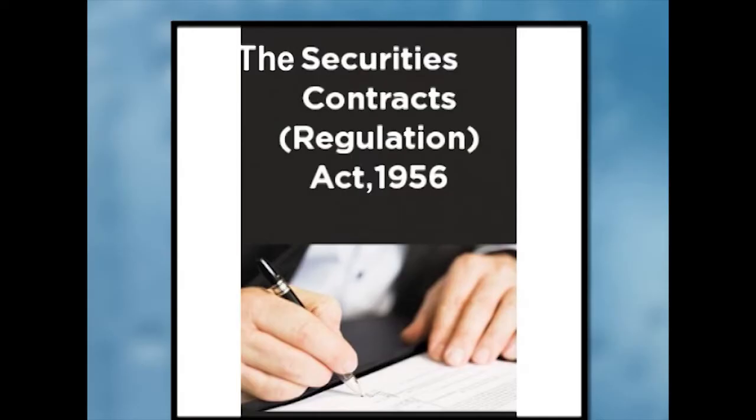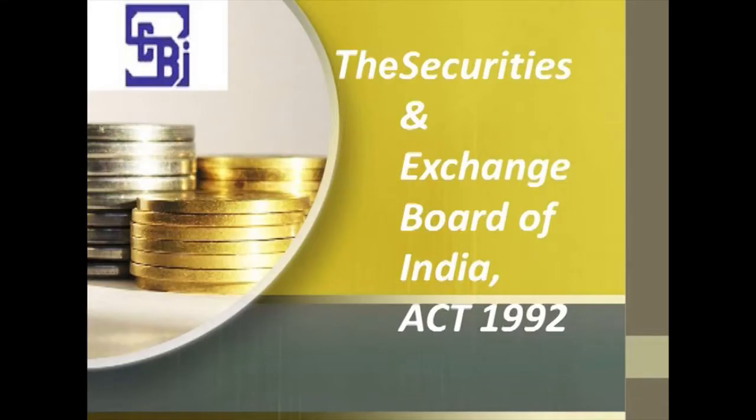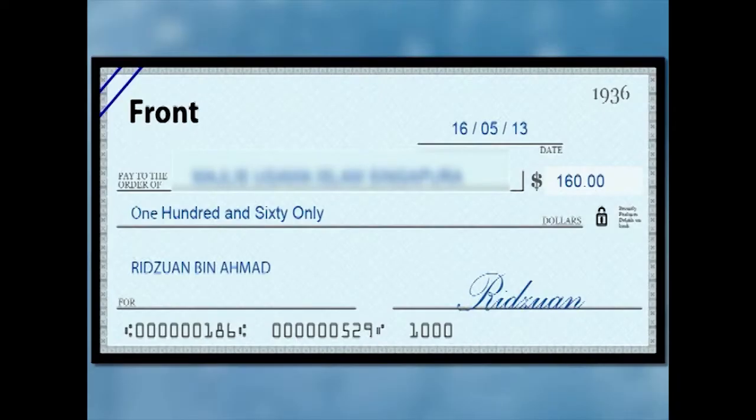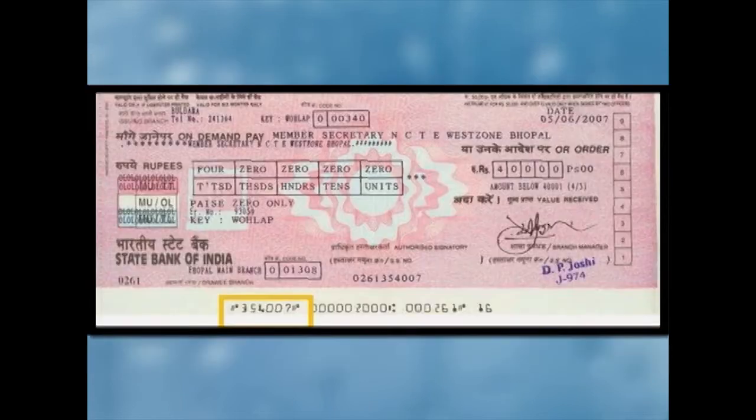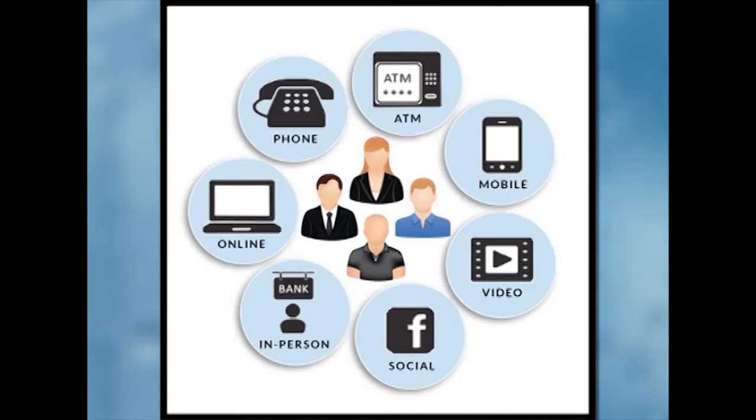An offer which does not comply with the provisions of this section would be treated as a public offer and would have to comply with the requirements of the Securities Contract Regulation Act 1956 and SEBI Act 1992. All money payable towards subscription has to be paid through cheque, demand draft or other banking channels and not in cash.